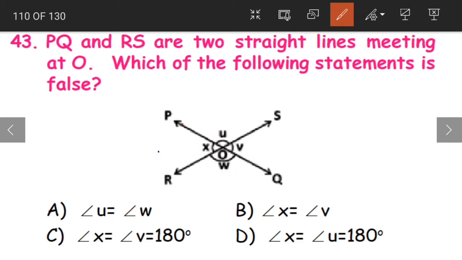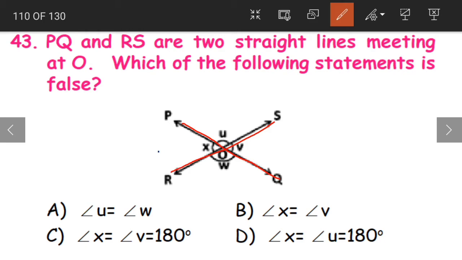Okay. Question 43. Now PQ and RS are two straight lines meeting at O. Now which of the following statements is false? So what are they saying here? That we are having two straight lines, PQ and RS.